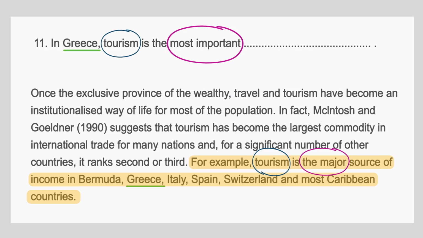Now read the question again. In Greece, tourism is the most important. Important what? What we had after the major in the passage was source of income. So this is our answer for this question. Source of income. So instead of most important, we had the major.